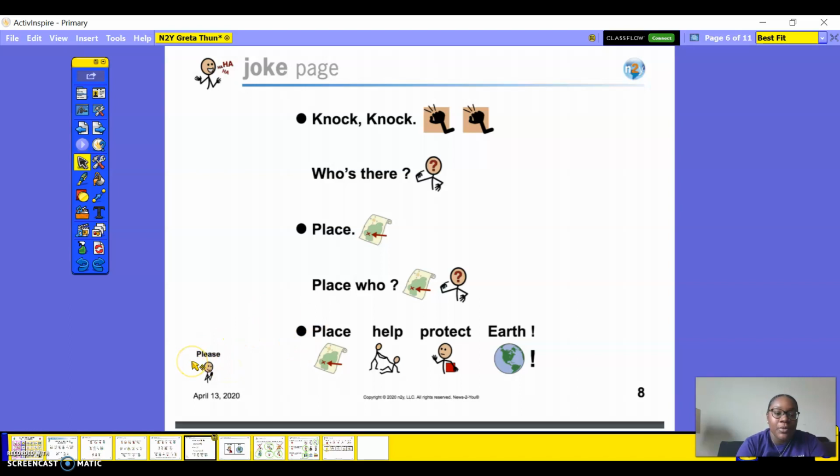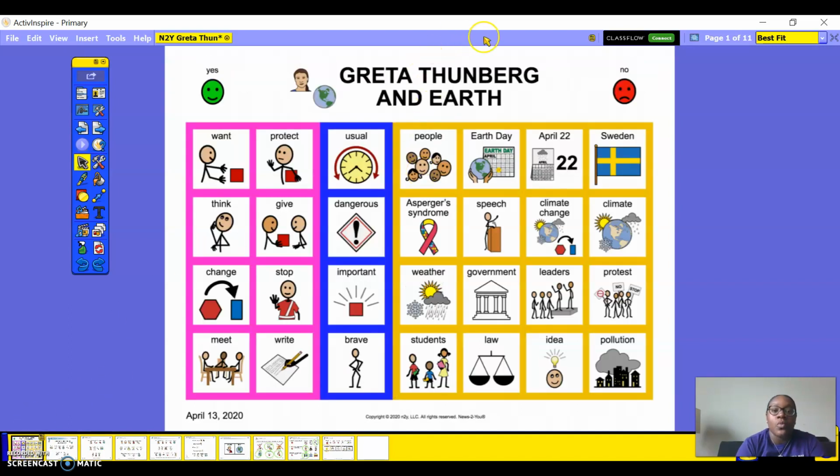All right, so before we end, let's go back to our communication board. And what did we read about? We read about Greta Thunberg and Earth. And we know that Greta wants to protect the Earth, and she thinks that people can help protect the Earth too, right?